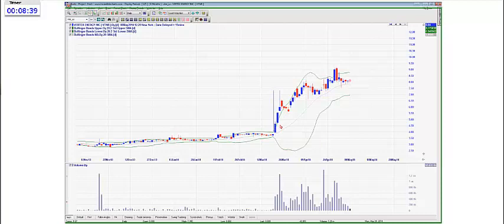This is another one we actually picked out that came up on our scan a few weeks ago, VTNR. You can see that nice consolidation. And then you look at the extension of where it got to, and there it is.